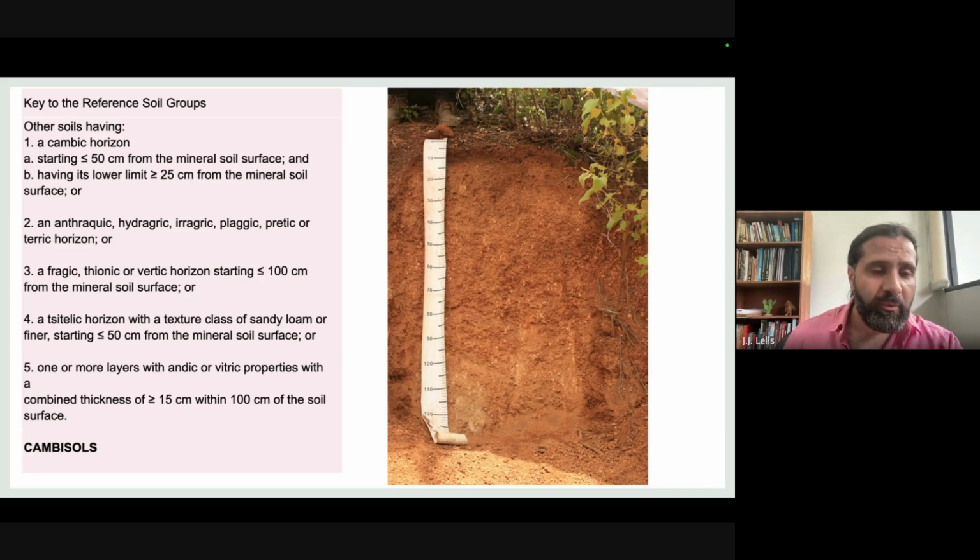So now we have the cambisols, and the cambisols are those soils that definitely cannot be classified in the previous RSGs. So they are soils that do not register any strong or intense soil genesis.